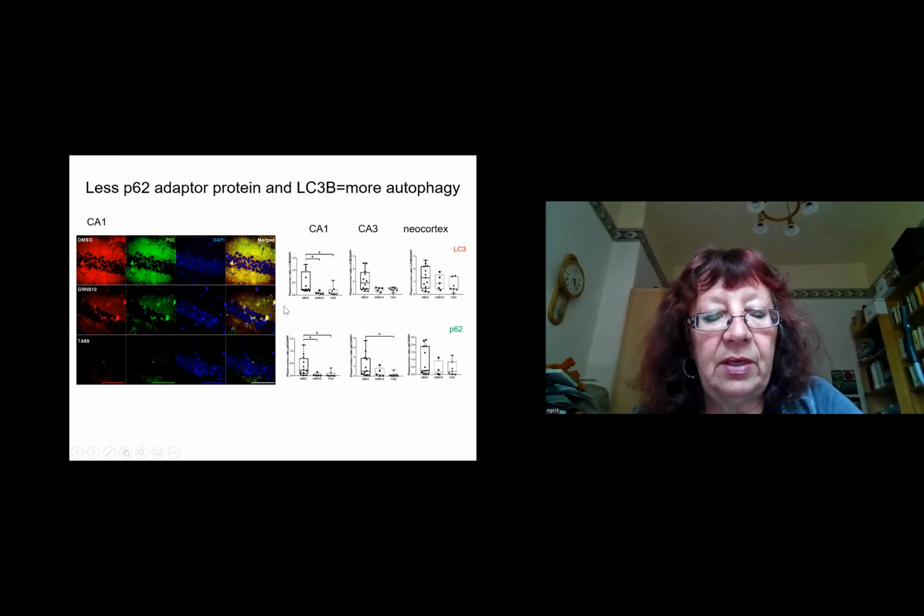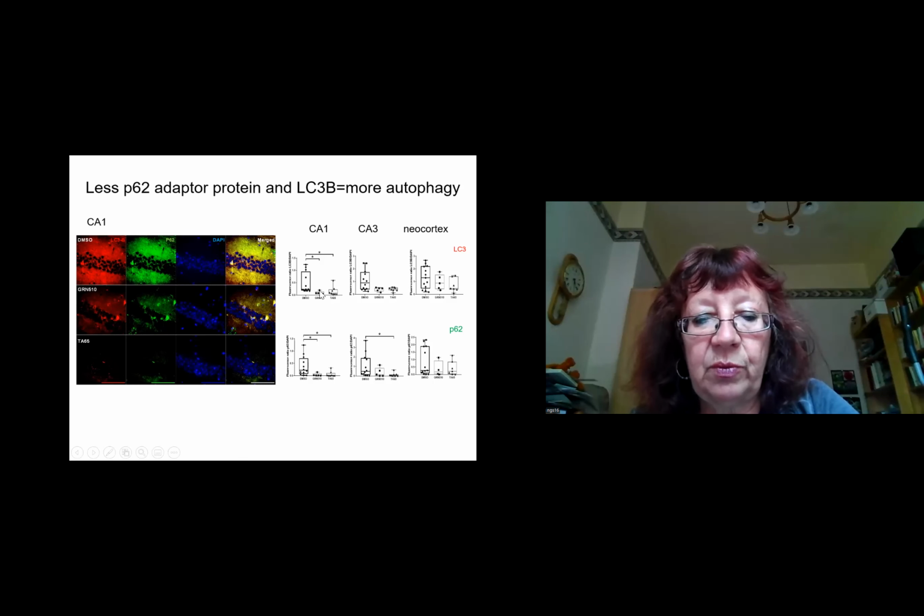So what we assumed is, you remember that it is known that protein degradation mechanisms like proteasome and also autophagy are there in the brain, and they digest different forms of alpha-synuclein. So we analyzed both the adapter protein of autophagy called P62 and the LC3B, which is sitting on the membrane of the autophagosomes.